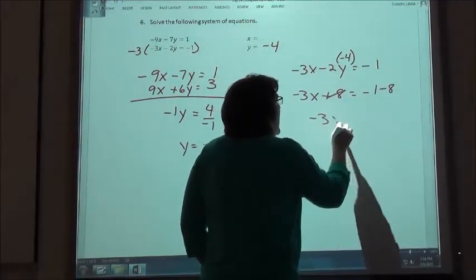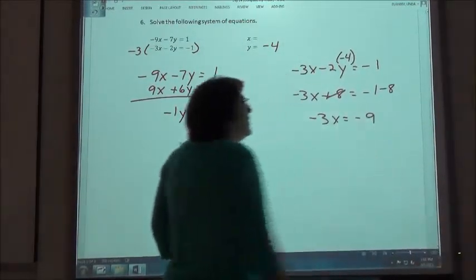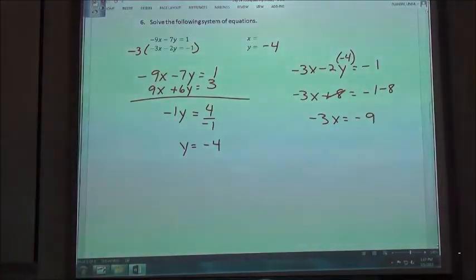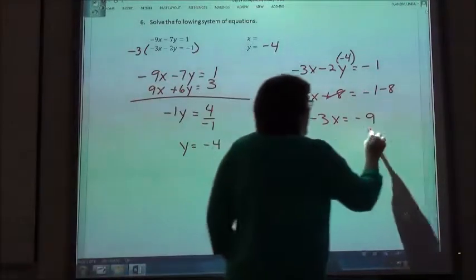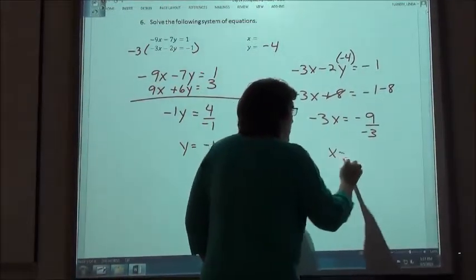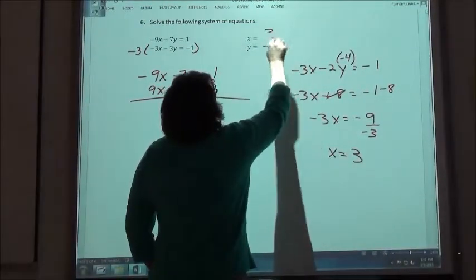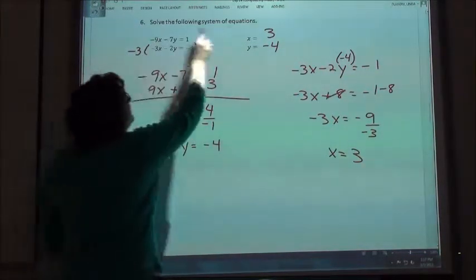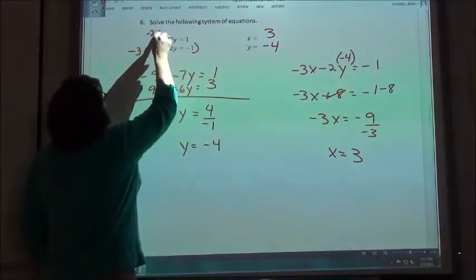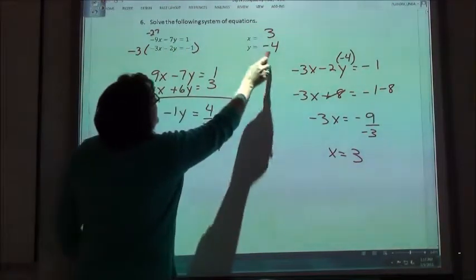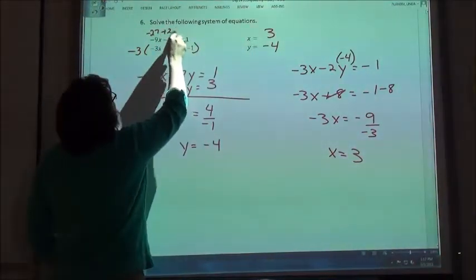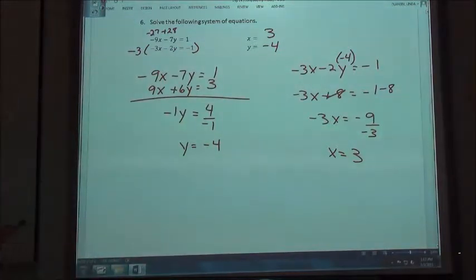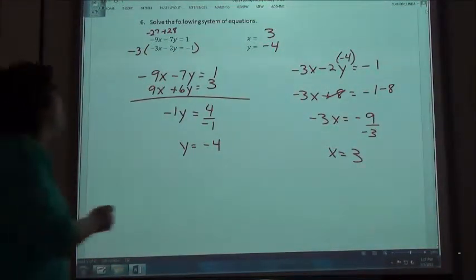So negative 3x equals negative 9 then. And then we're going to divide. X equals 3. So just quickly checking that. Negative 9 times 3 would be negative 27. Negative 7 times negative 4 is a positive 28. Sure enough, negative 27 plus 28 is 1. So it checks out. We know we did it right.